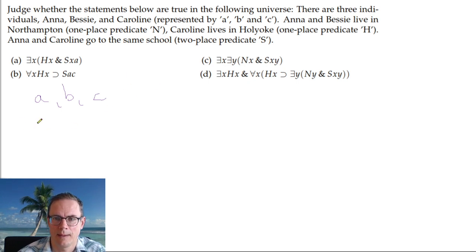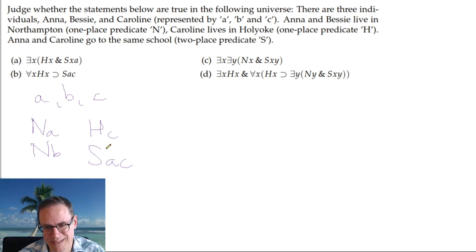Now, Anna and Bessie live in Northampton, N of A, and N of B. And Caroline lives in Holyoke, H of C. And Anna and Caroline go to the same school. So S is a two-place predicate. It takes A and C.